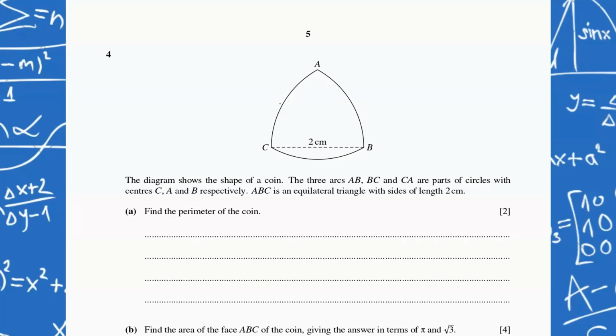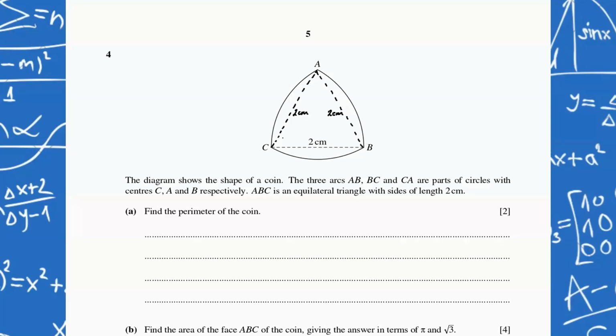Right, so we can see that ABC is an equilateral triangle with sides of length 2 centimeters. So we can actually complete triangle ABC, as they say. Triangle ABC here, maybe like this. This makes an equilateral triangle, which means this side is a 2 centimeter side, this is a 2 centimeter side, and this one is a 2 centimeter side.